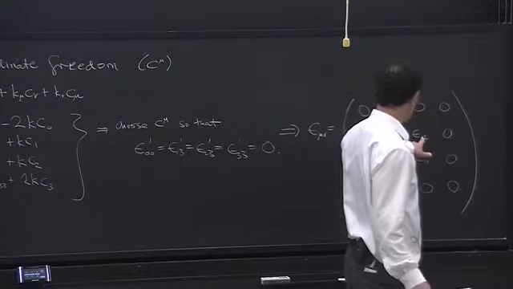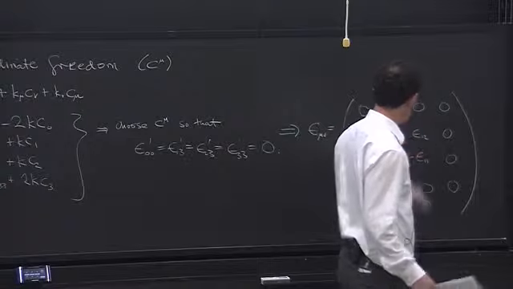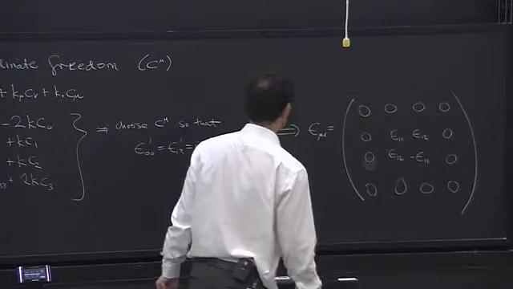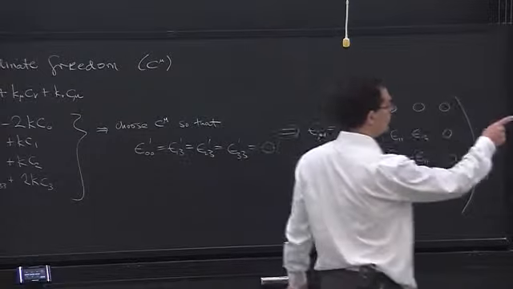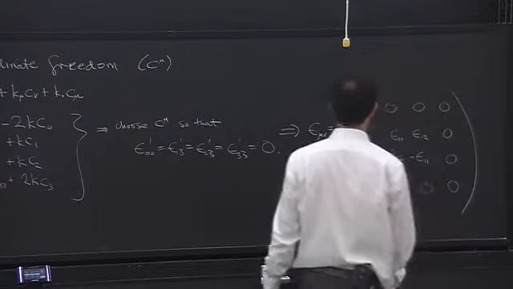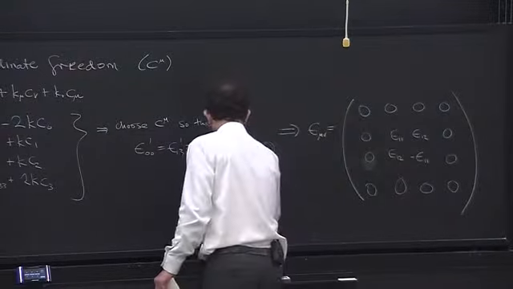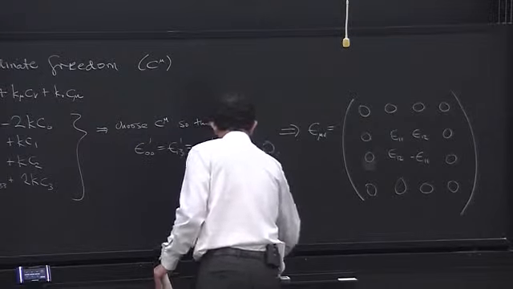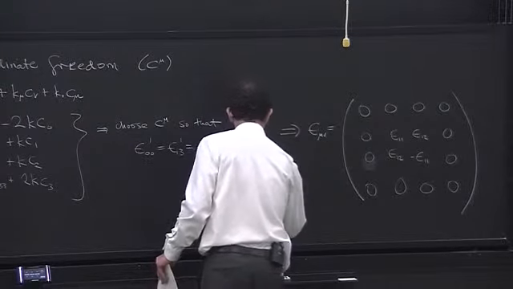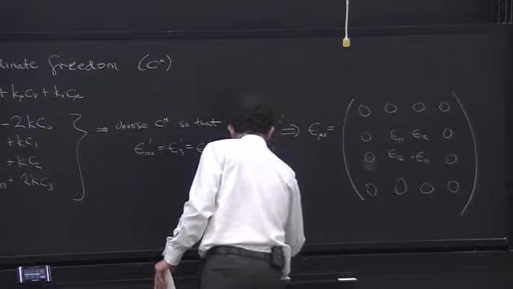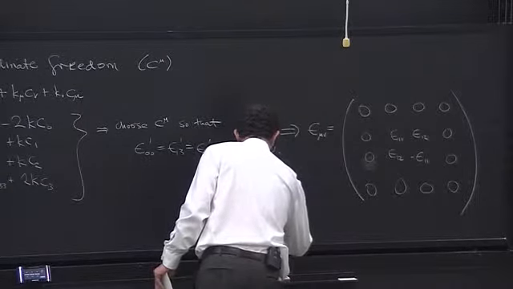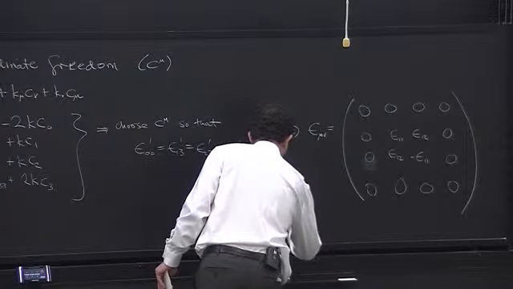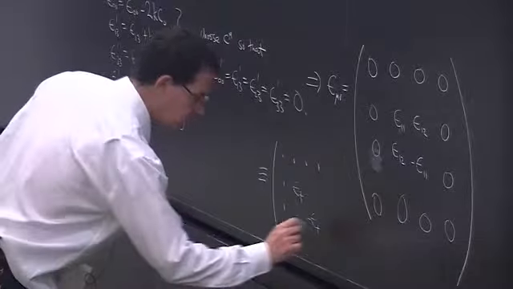Epsilon is a symmetric matrix, so epsilon 2,1 is the same as epsilon 1,2. And epsilon 2,2 is minus epsilon 1,1. So we're going to define this to be the following: epsilon plus, and then minus epsilon plus.